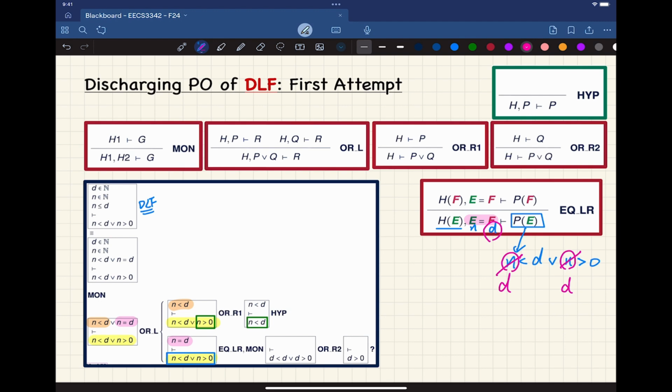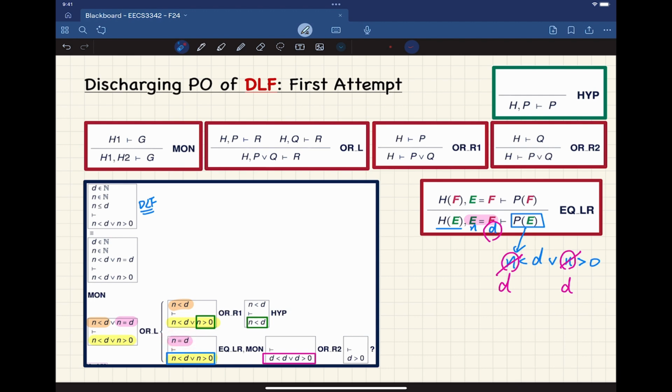Once I've done that, I'm going to get D less than D, and also D larger than 0. And usually, when you do EQLR, once you have done the replacement, this equality here normally can just be dropped. It's not relevant anymore, since I have done the replacement.